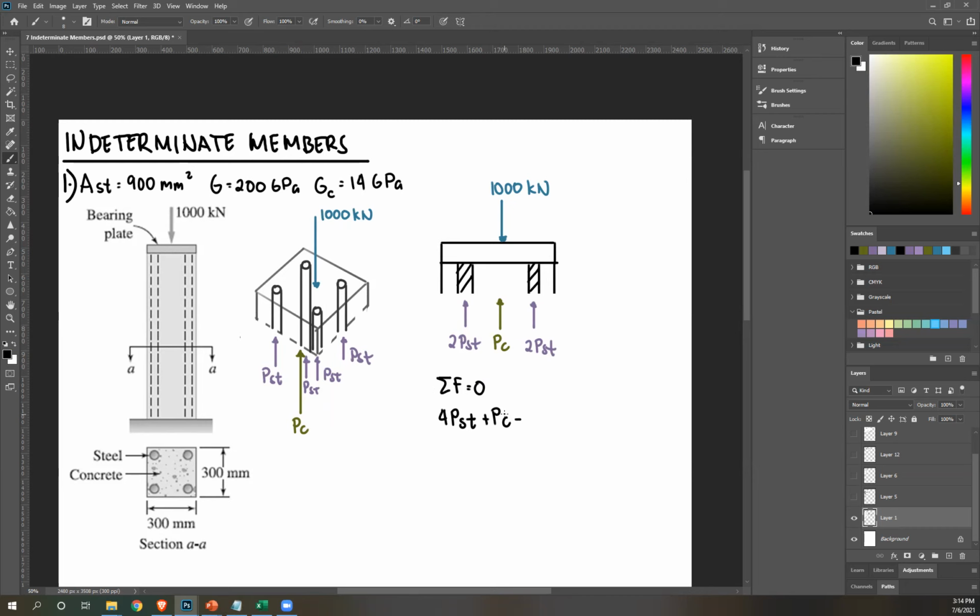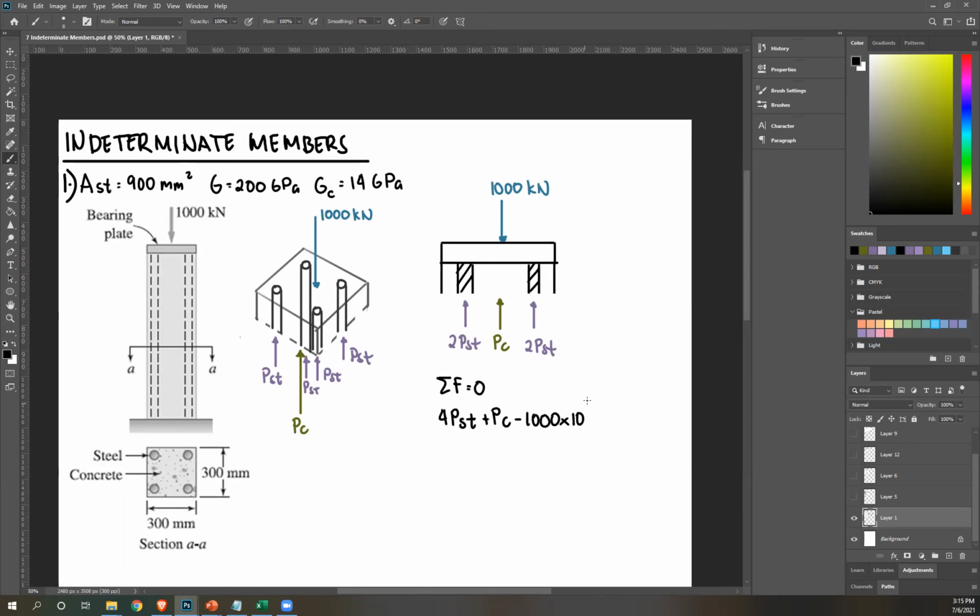Remember, our standard units are MPa, and that's Newton per millimeter squared. So as much as possible, if convenient, convert everything to Newton millimeter. So convert to Newton, that is times 1,000.